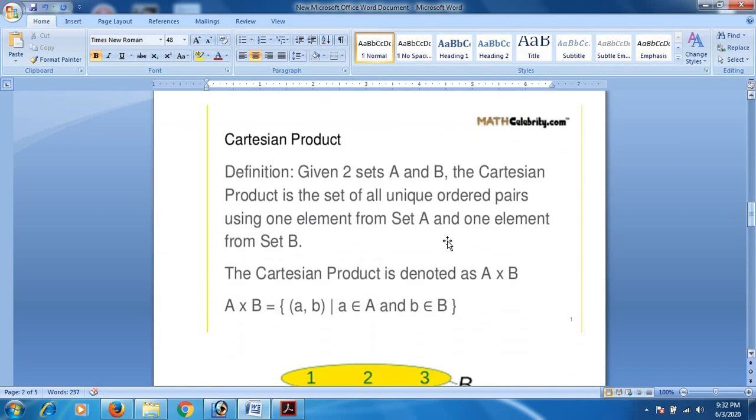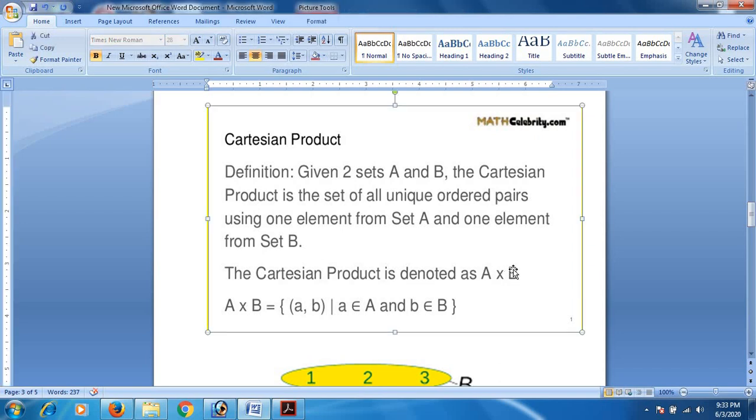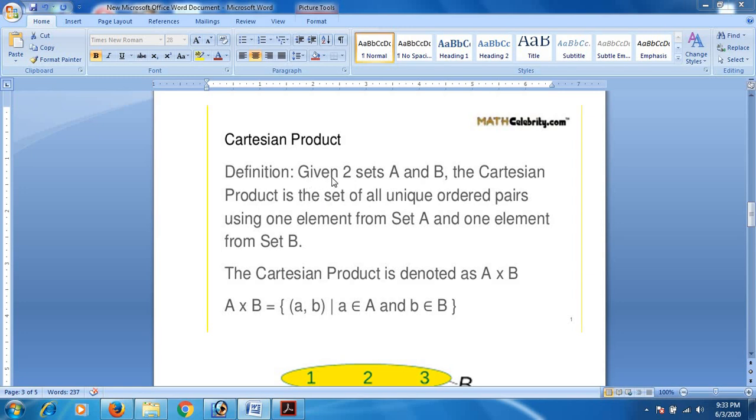So now we are going to see Cartesian product. The Cartesian product is denoted as A cross B. Given two sets A and B, the Cartesian product is the set of all unique ordered pairs using one element from set A and one element from set B. So once again, let us read this definition.